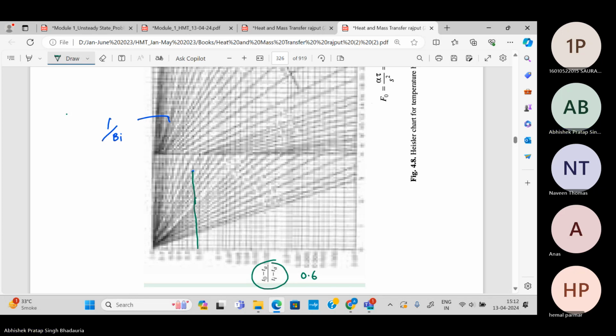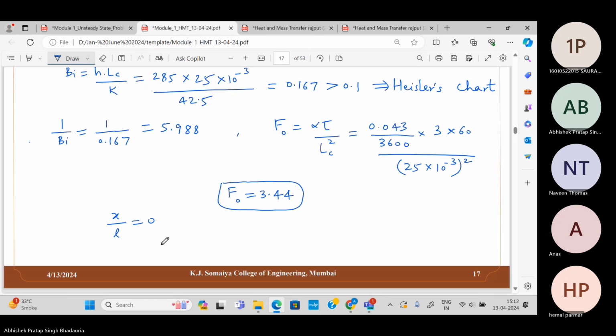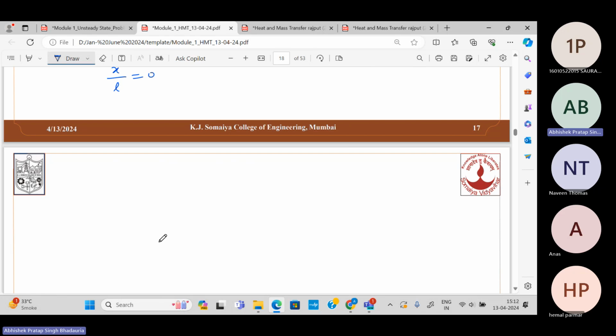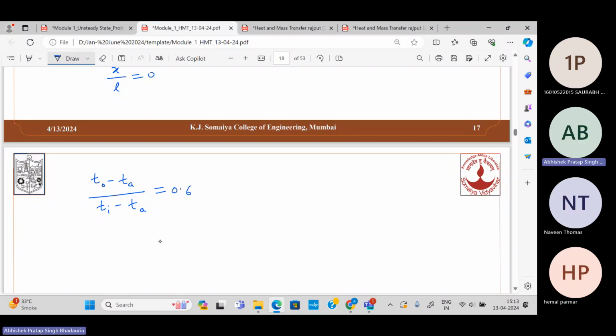Okay, so let's note this down. T naught minus Ta divided by Ti minus Ta is equal to 0.6. Now we'll put the values.